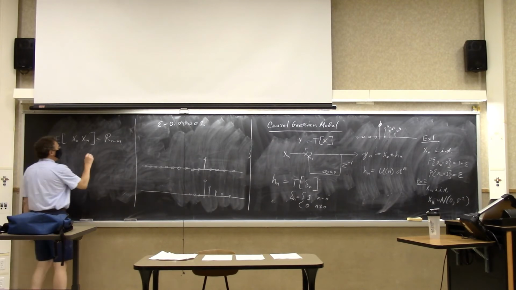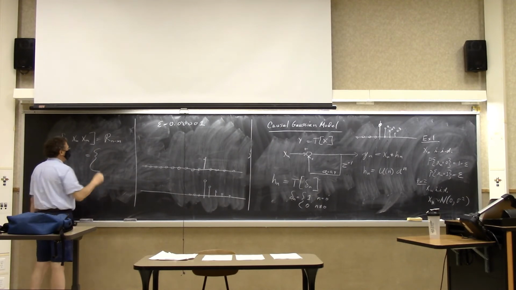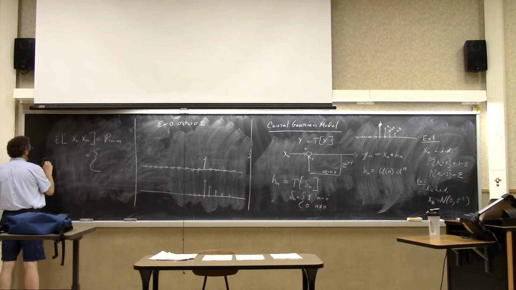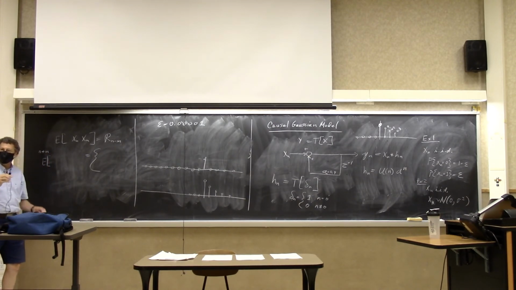So it's going to be equal to what? When m and n are not equal, what's the expected value? It's 0. By the way, I can prove that because if n is not equal to m, and I have independent random variables, the expected value of the product is the product of the expectations.